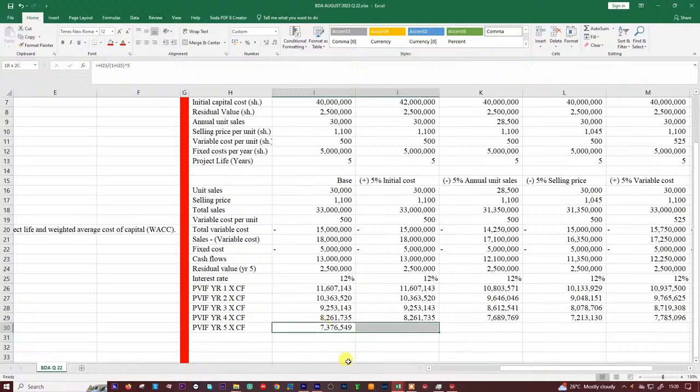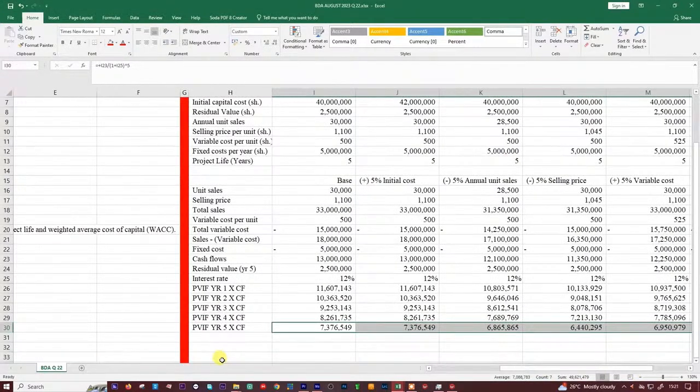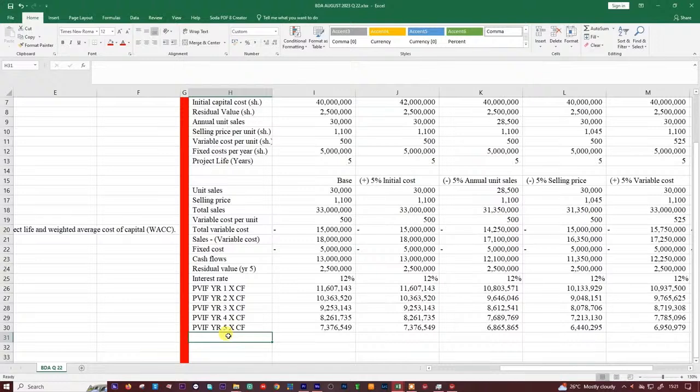So Control R. Then we have what is called the residual value. So you can say PVIF, present value interest factor, year 5, times cash flow. That's what you do. So this is the residual value.